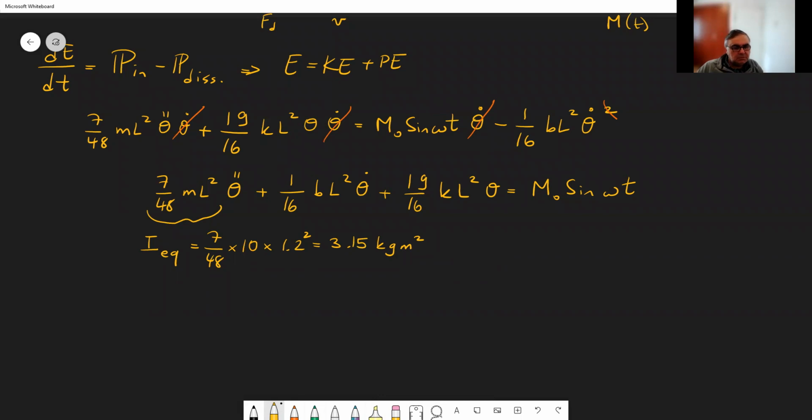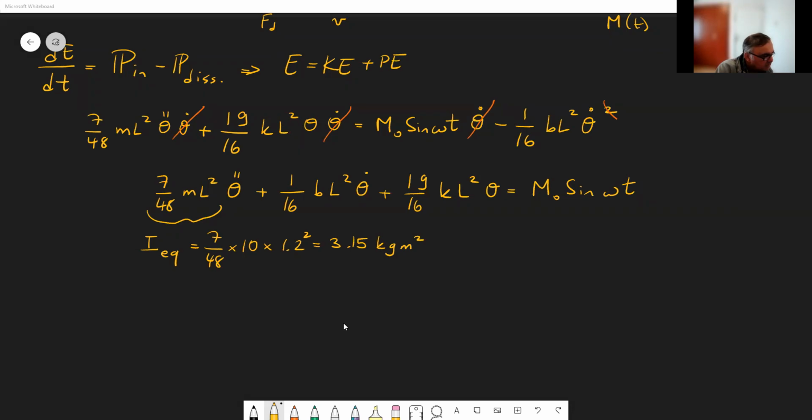So I don't know if this is correct. Let me just check. Probably it should be correct, but 10 times 1.2 squared. 1.2 squared is 1.44 times 10 times 7 divided by 48. It comes out to be 2.1 for some reason. Well, maybe should I modify the problem so that it's 15?